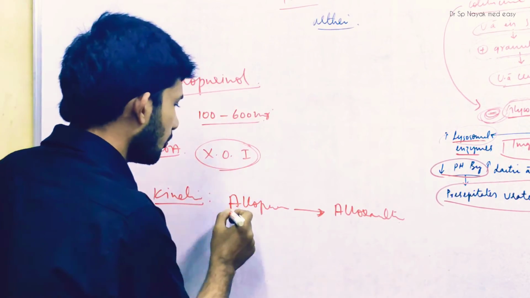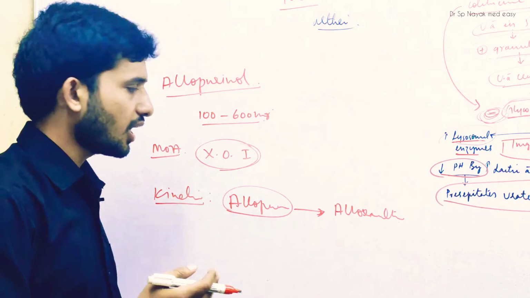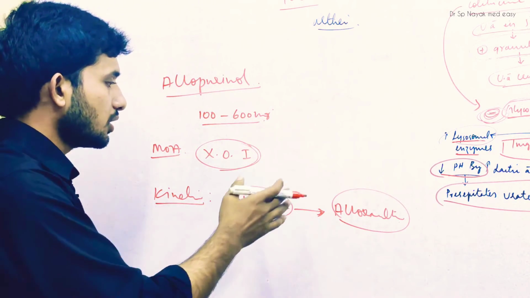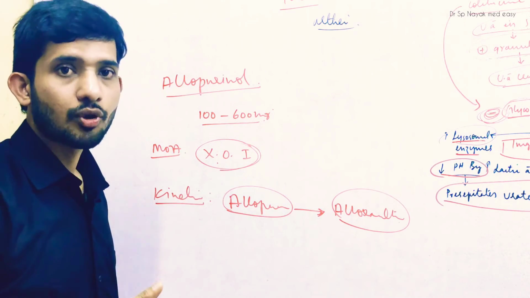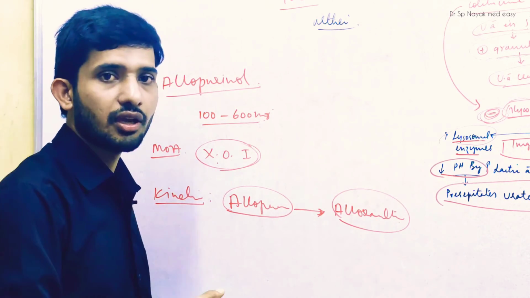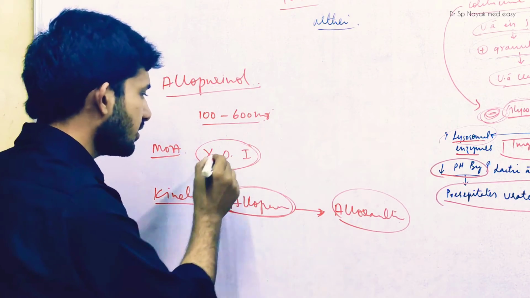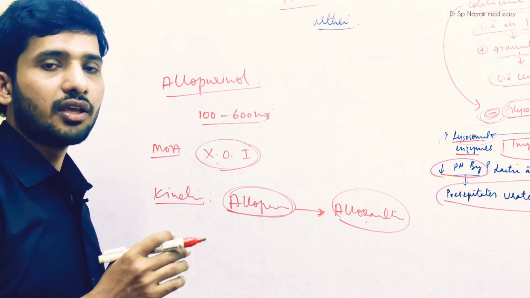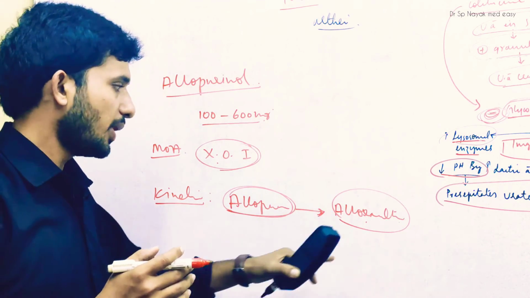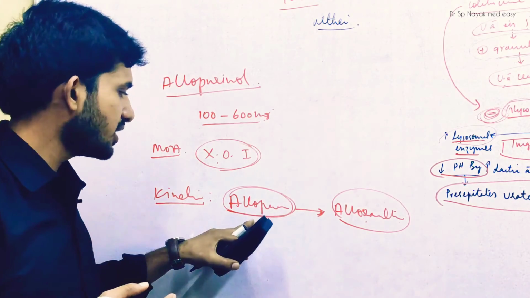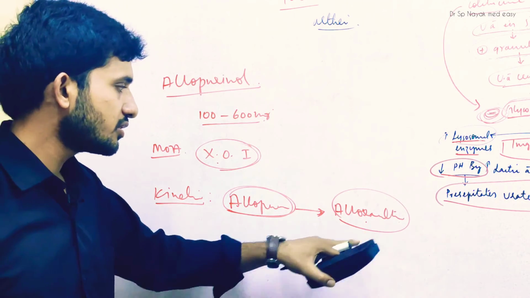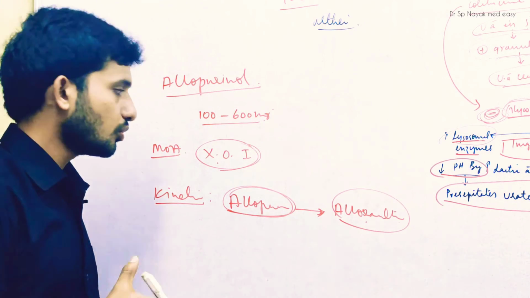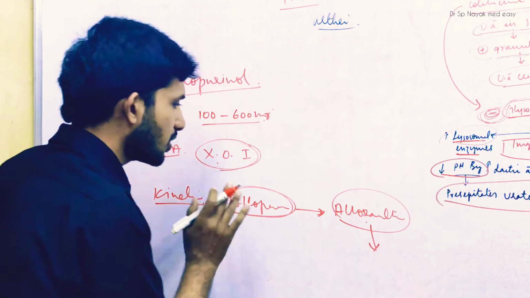Allopurinol has the major activity, and even alloxanthine, the metabolic product, also has xanthine oxidase inhibitor property. Allopurinol binds this enzyme reversibly, whereas alloxanthine binds to this enzyme irreversibly, and alloxanthine has greater activity and efficacy when compared with allopurinol.